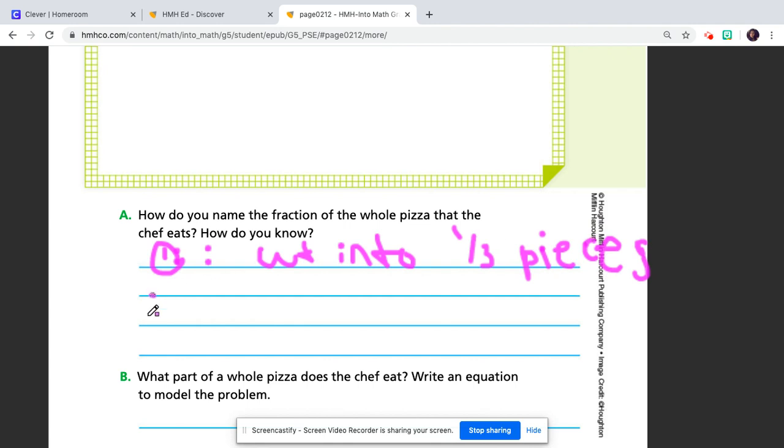And then the second thing we did, cut each third into half. We cut each third in half.